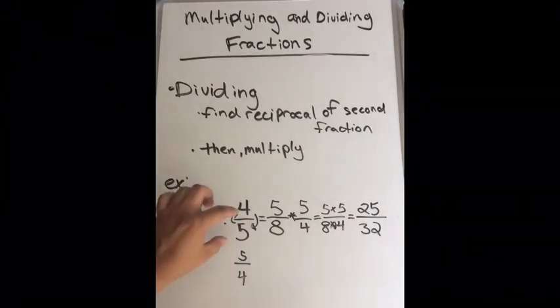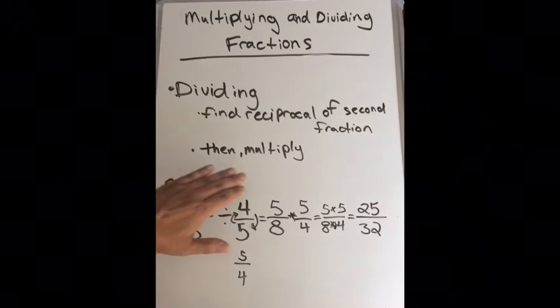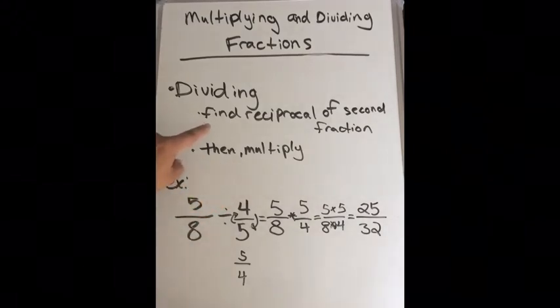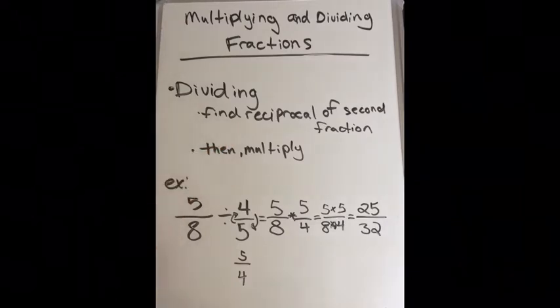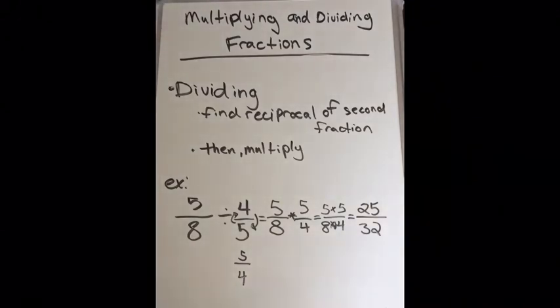It's like we're finding the opposite here and then letting the math work itself out. So again, it may seem like we're just multiplying, but a key detail about dividing fractions is that first we must find the reciprocal of the second fraction, and then you may multiply. And then you get an answer that's correct, just like this one.